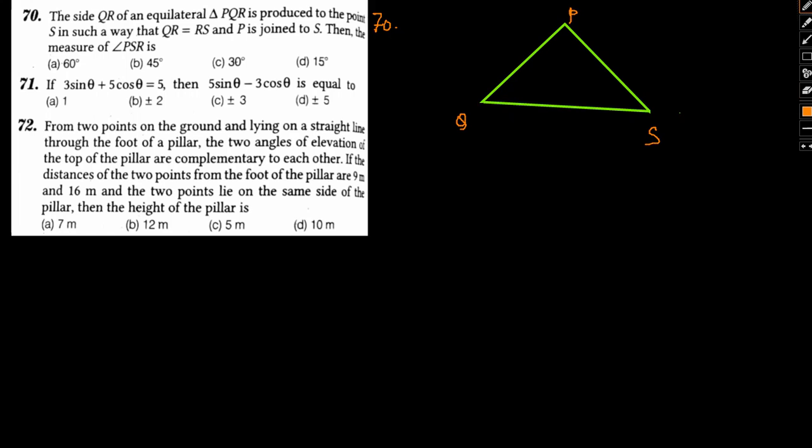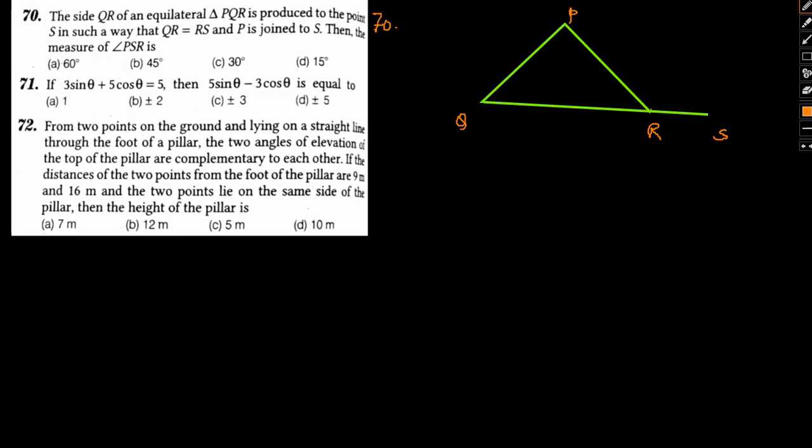The side QR of the equilateral triangle is produced to the point S. QR is produced to the point S. So QR has been produced. This is R, and say this point be S.